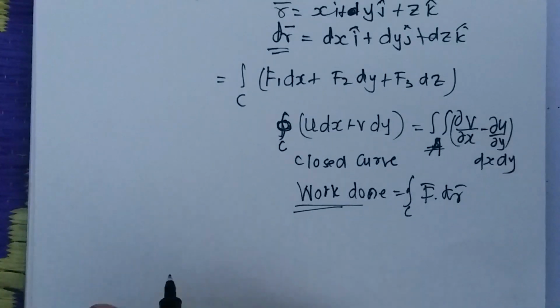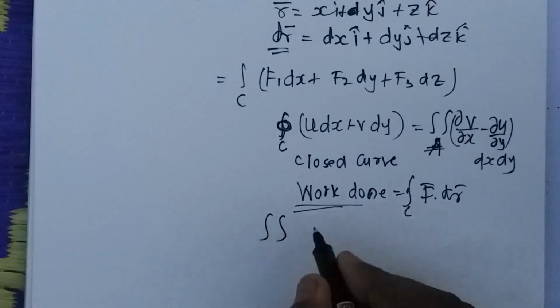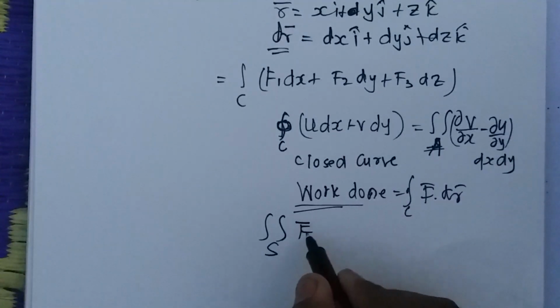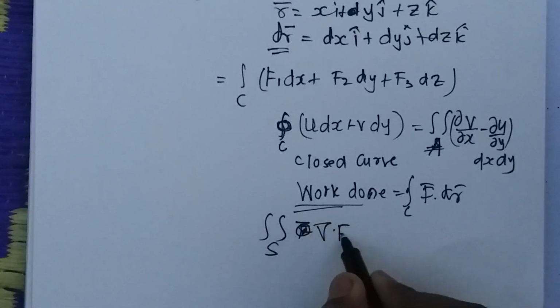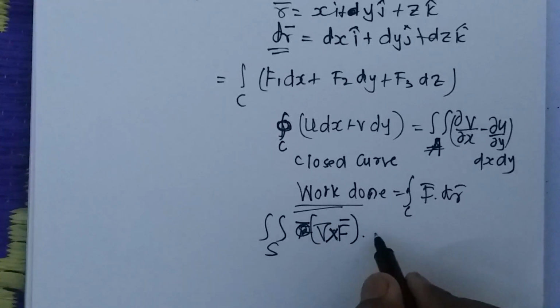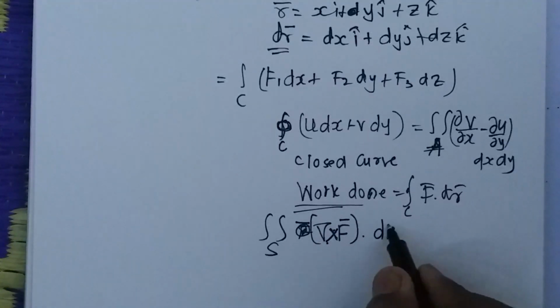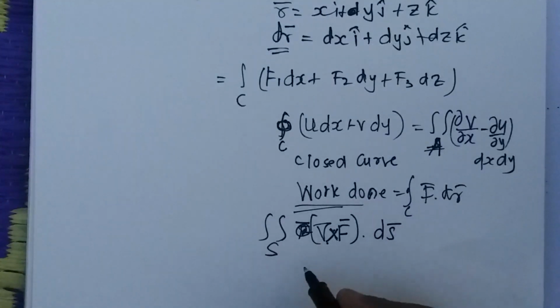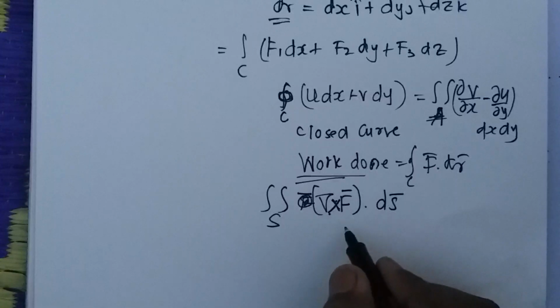Then in Stokes theorem, we are going to calculate double integrals over some surfaces of the curl, del cross F bar dot dS bar. Such surface integrals we are going to calculate in Stokes theorem.